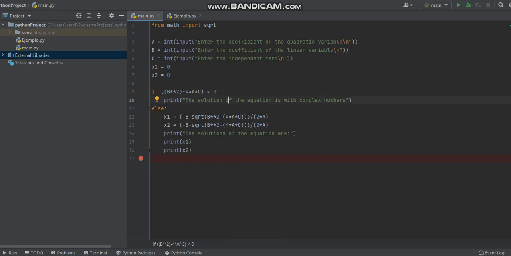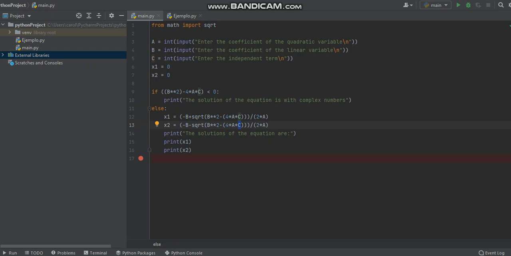The solution of the equation is with complex numbers. Otherwise, x1 equals minus b plus the square root of b squared minus 4 times a times c, over 2 times a.